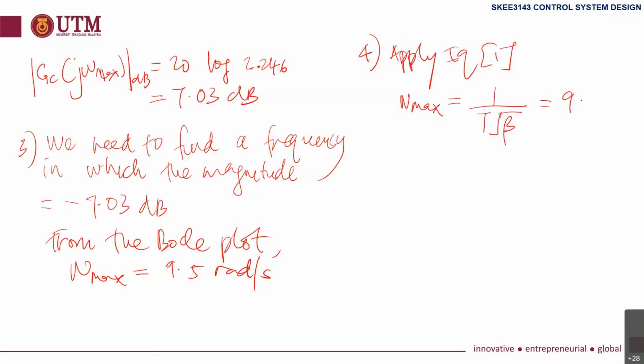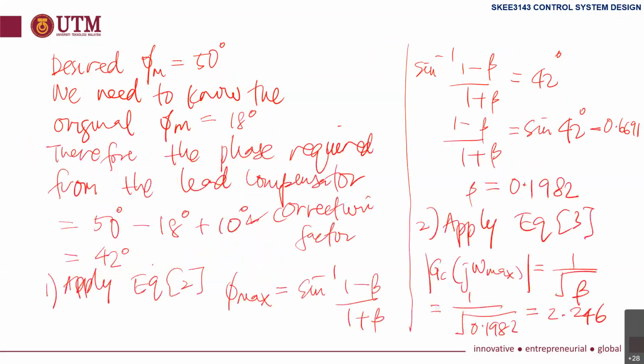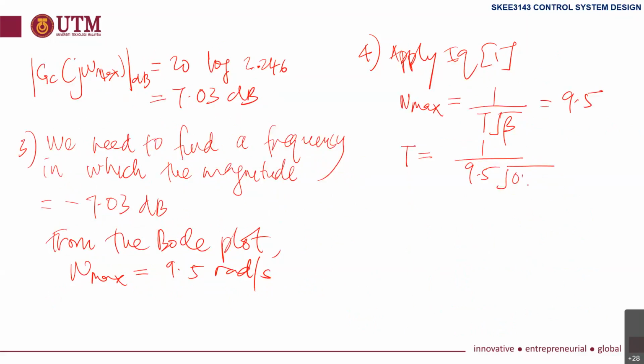We know omega max is 9.5, so we can calculate T. T equals 1 over 9.5 square root beta. Our beta is 0.1982. If you solve, it is 0.2364. We already have beta, and we already have T.